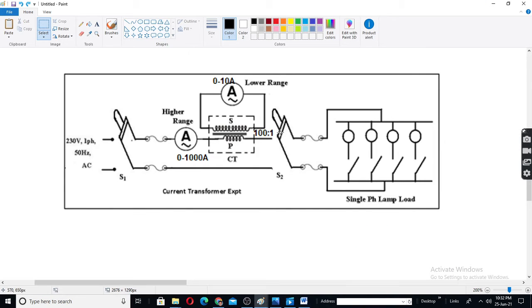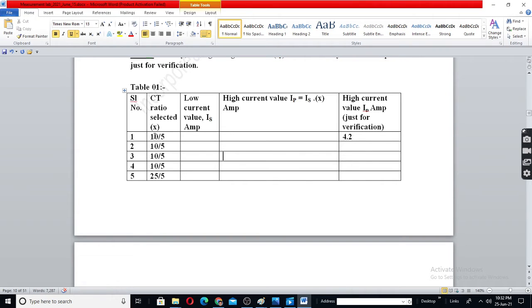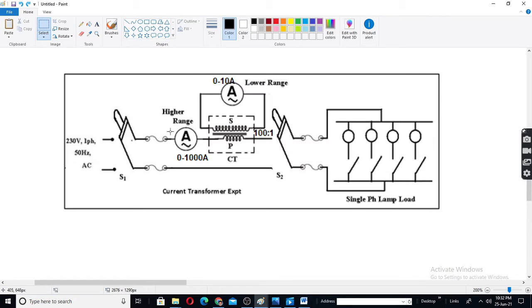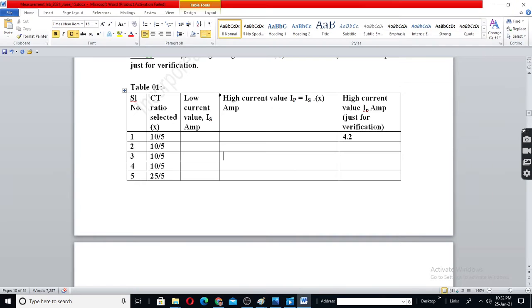So if here it is 4.2 and you have selected the 10 by 5 ratio, here you will get 2.1. So here you will get 2.1.